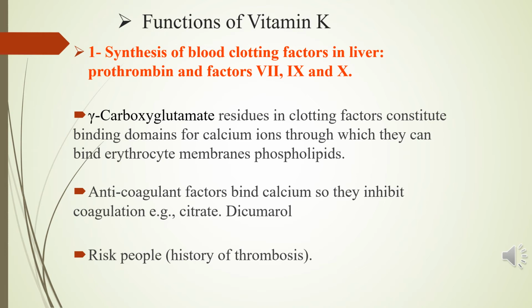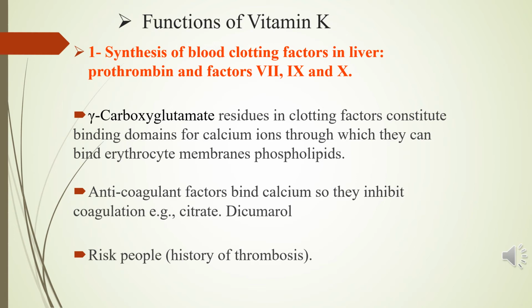So vitamin K is an important cofactor for gamma carboxyglutamate formation, which is an important residue in the blood clotting proteins. The requirements of vitamin K, as mentioned before, is about 120 micrograms per day for adult males and 90 micrograms for adult females.